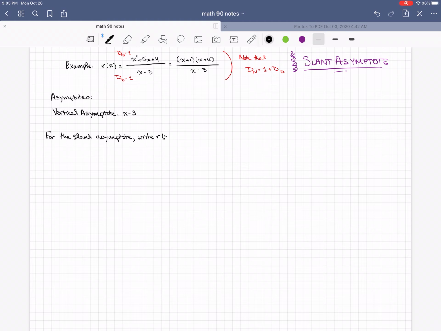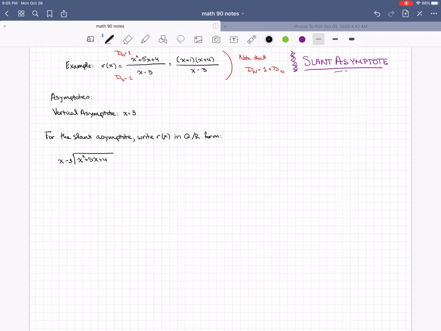So again, this function would lend itself to synthetic division. But because some functions are going to have a gnarlier denominator, we're going to just use long division here. So we have x squared plus 5x plus 4, and we're dividing it by x minus 3. Good old-fashioned long division.